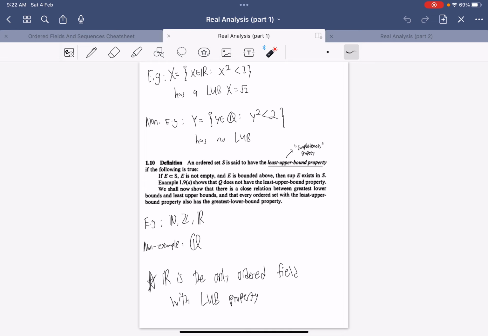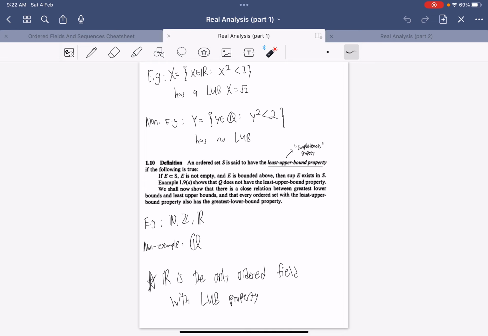And so we can see that the natural numbers is complete because let's just say you have the natural numbers over here: 0, 1, 2, and then you just take a subset. So this is n. We can see the least upper bound is clearly n, because n is the greatest number such that everything below is less than it.